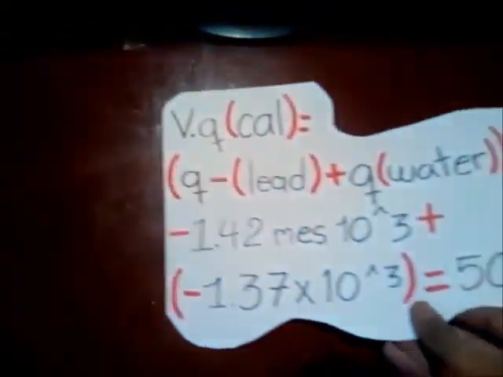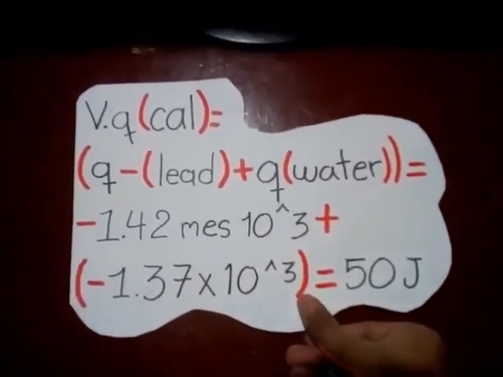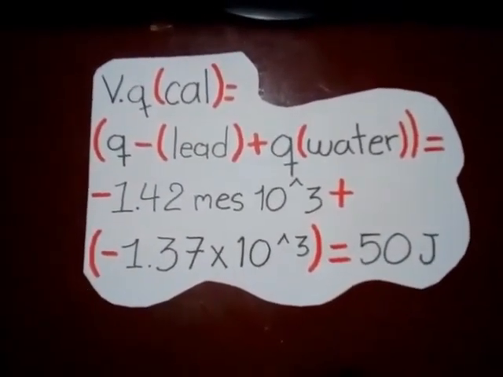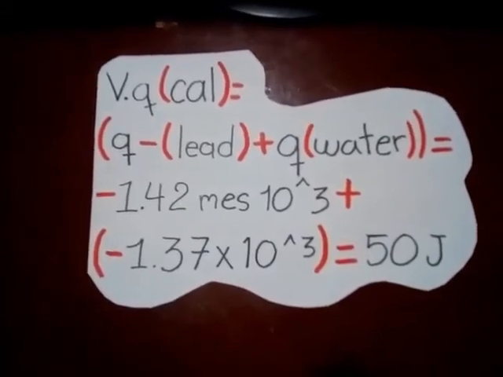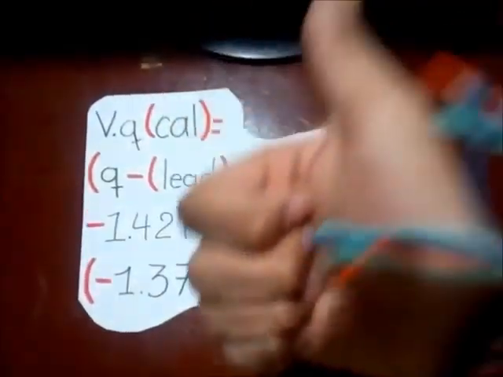Q cal is equal to minus (Q lead plus Q water).